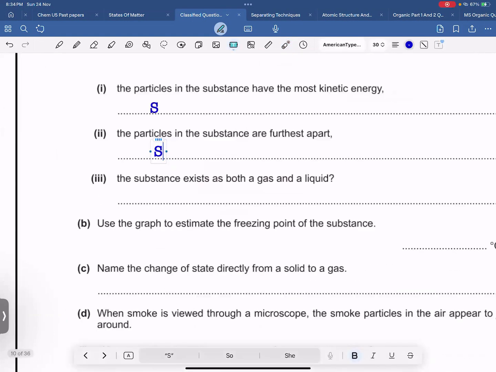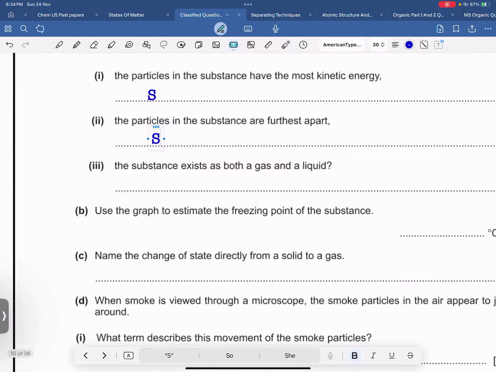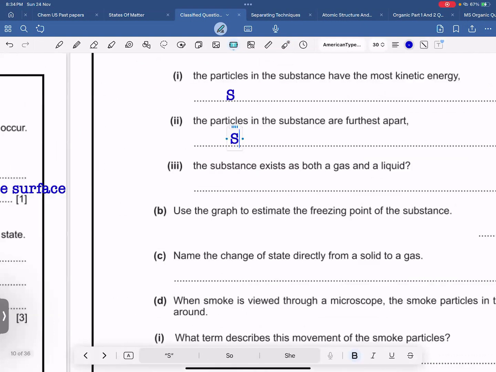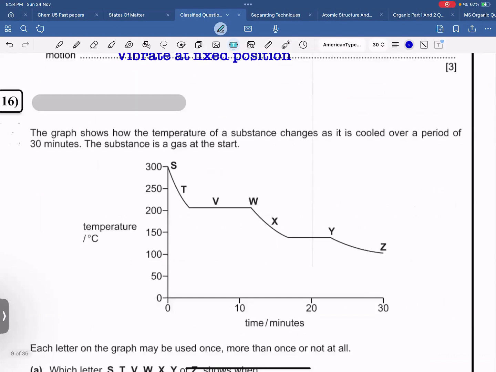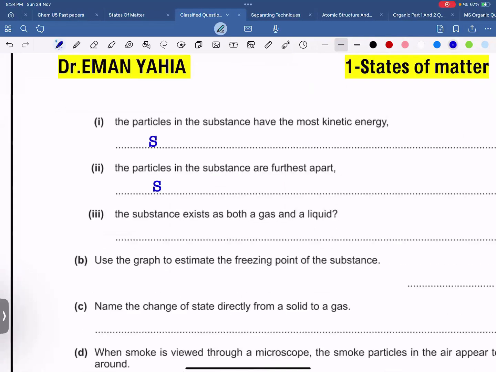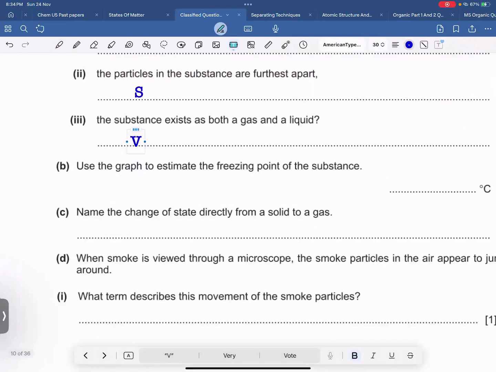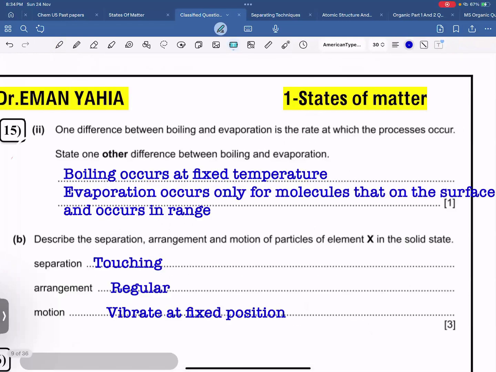The substance exists as both gas and liquid. In gas and liquid during condensation, which is V. At this point, gas and liquid particles exist at the same time. So it's going to be V. Use the graph to estimate the freezing point of this substance.